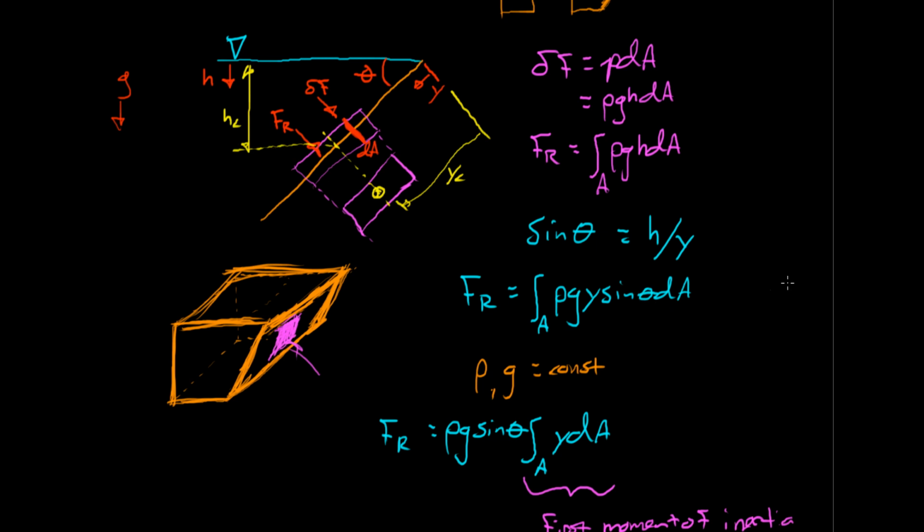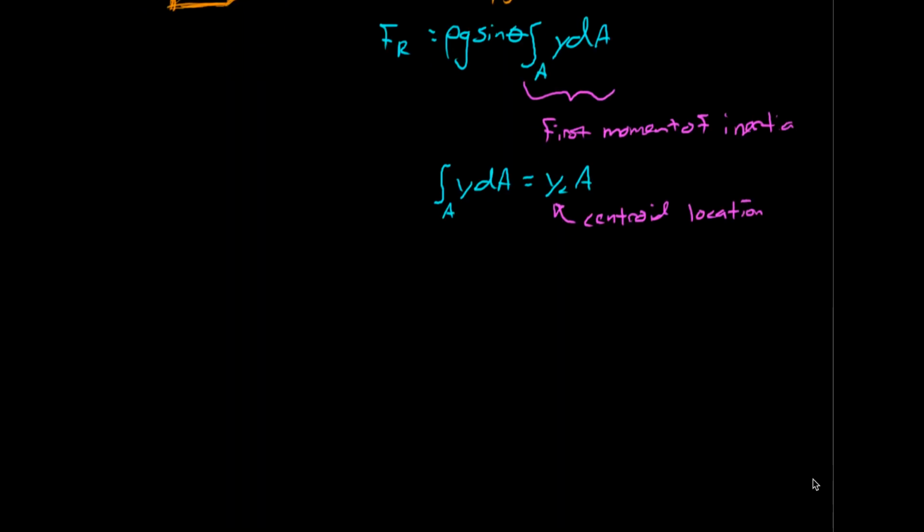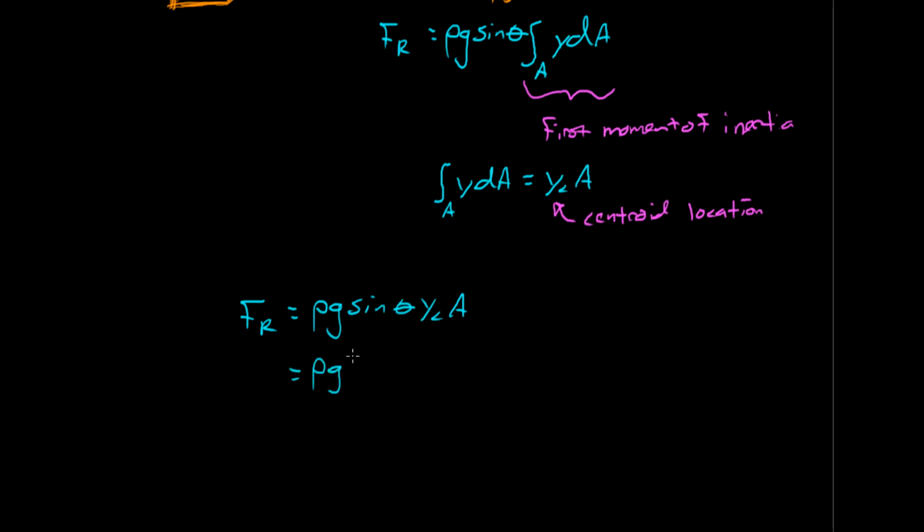And so what this means we can do is we can write that for any shape, the reaction force on an inclined surface is rho g sine theta times yc A, where yc is the distance along the surface of the centroid of your shape, or this is equal to rho g hc times the area, where hc is the distance below the surface of the centroid of your shape. And again, this works for any shape.